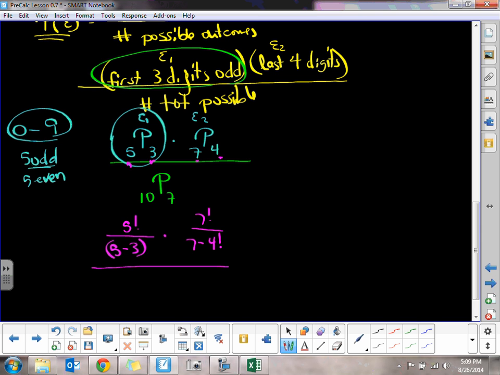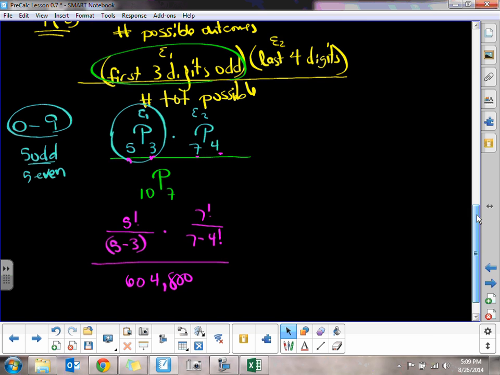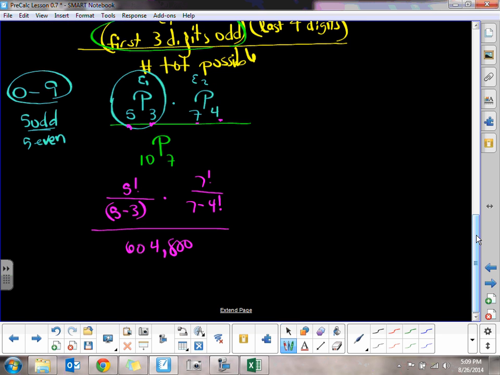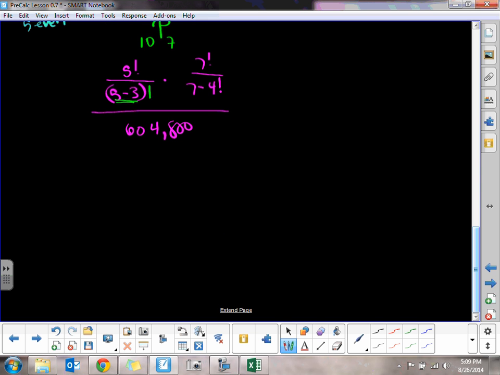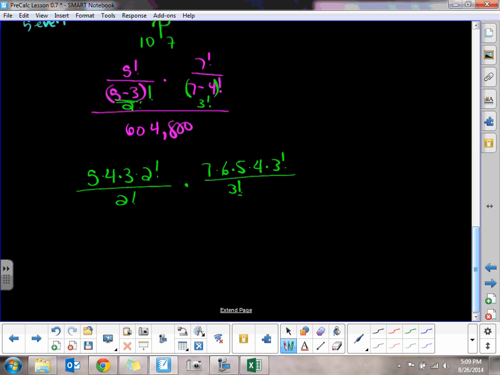And the denominator, since we've already calculated this, I'm going to write it as 604,800. I'm not going to do that calculation a second time. On the numerator, 5 minus 3 is 2 factorial, so it's going to be 5 times 4 times 3 times 2 factorial all over 2 factorial, times 7 times 6 times 5 times 4 times 3 factorial all over 3 factorial, all over 604,800.